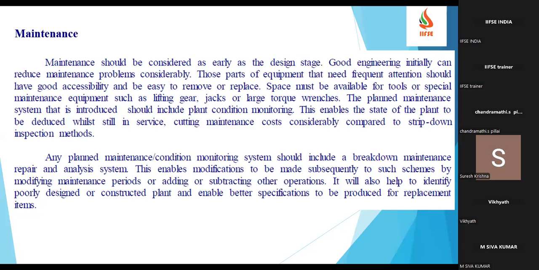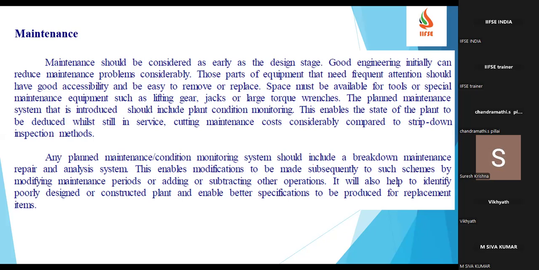If the equipment is properly designed, there will not be major maintenance requirements. Those parts of equipment that need frequent attention should have good accessibility and be easy to remove or replace. Space must be available for tools and special maintenance equipment such as lifting gear, jacks, or large torque wrenches.